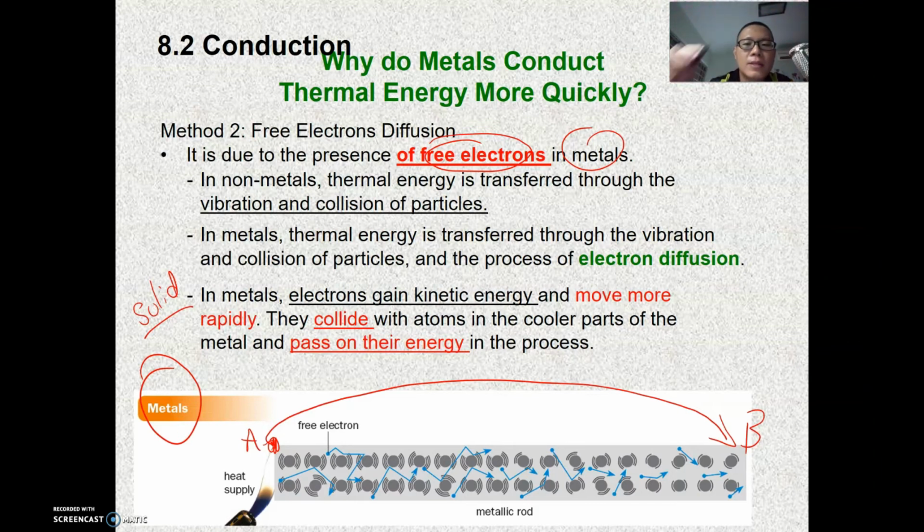When corner A is heated up, the electrons gain energy, and they move at a faster rate.